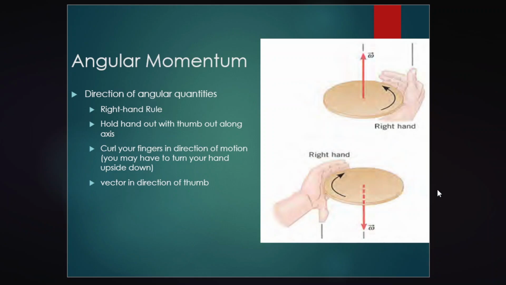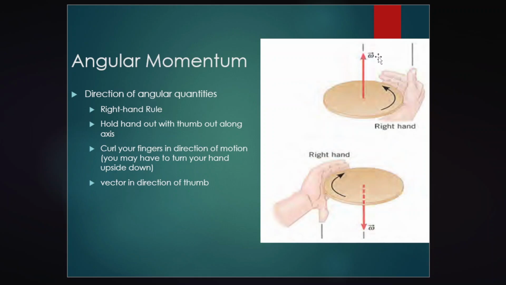Momentum is a vector, so we need a direction to it. For that, we use the right-hand rule. You hold out your thumb along the axis, and you curl your fingers in the direction of motion. You might have to turn it upside down. So if we're going counterclockwise, the fingers go counterclockwise, the thumb points up.